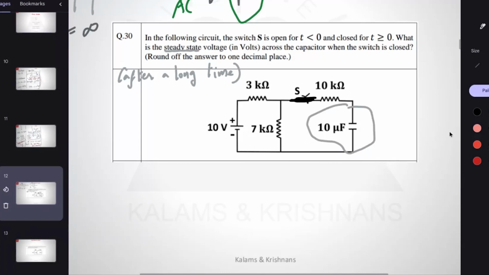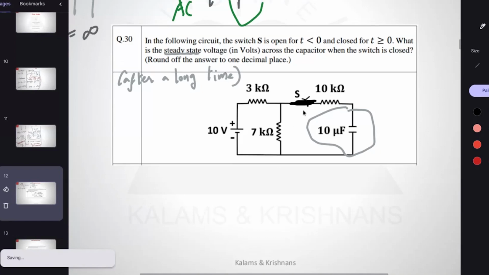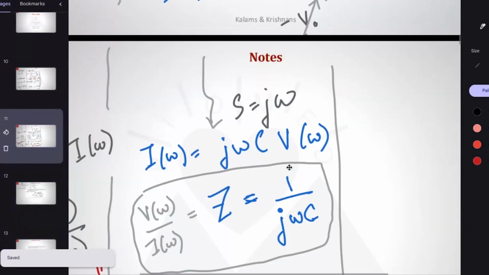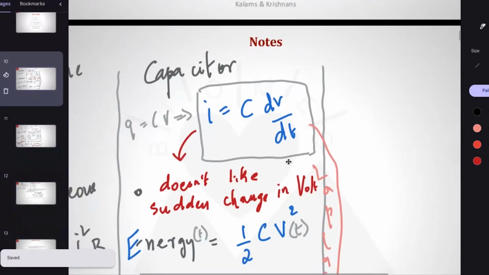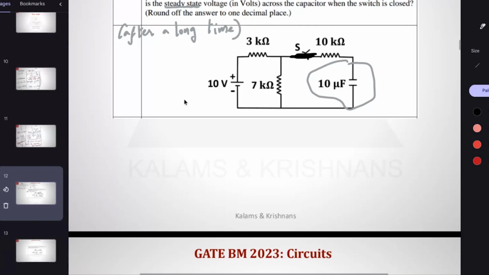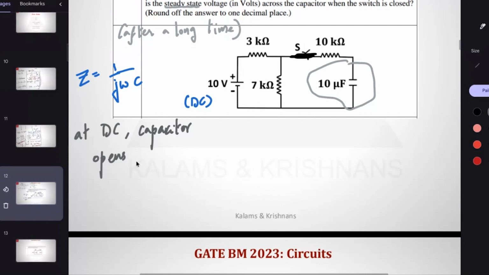Okay, fine. Even if you say, there are slightly too many things to connect here. Some of the box thing, let's say you remember, okay? I know a couple of things. This is a DC source. I know that Z is 1 by j omega C. At DC, capacitor opens. Sometimes it is initially charging, but after a long time, certainly open.